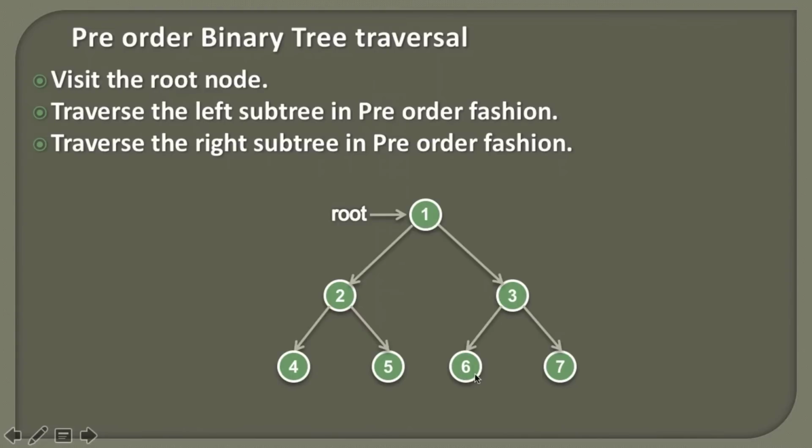We visit this node, we then go to its left subtree and then go to its right subtree. Now as node 6 has no left subtree and no right subtree, we are done with the processing of this node. And then we return back to the node 3. Once we return back to the node 3, we have processed its left subtree, and now the step remains to process its right subtree.